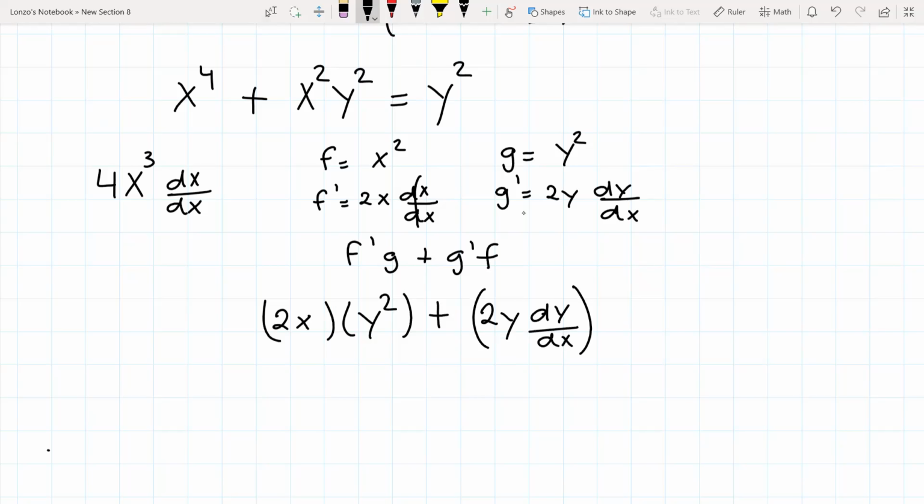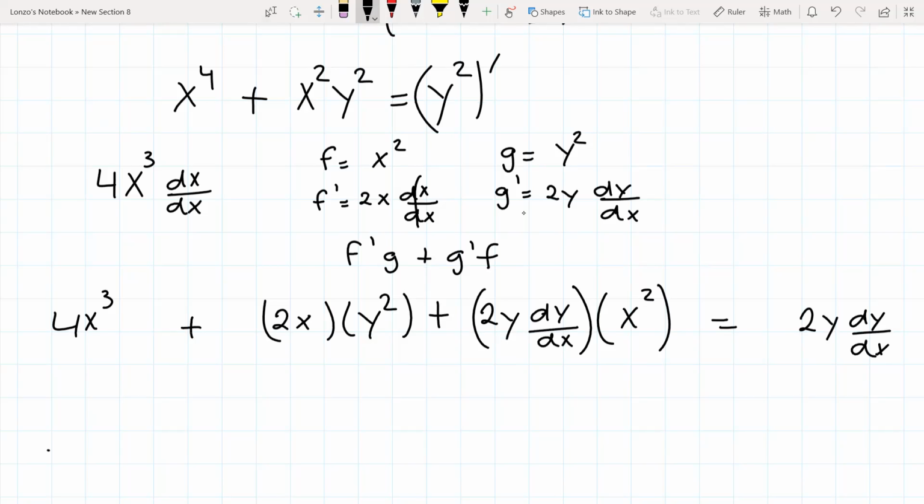And then regular f is just x squared. And then equals the derivative of y squared with respect to x, which would be 2y dy/dx. This is going to be 4x cubed, and then dx over dx is just 1, right?